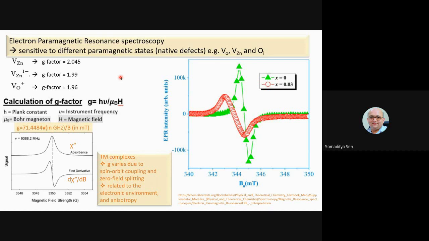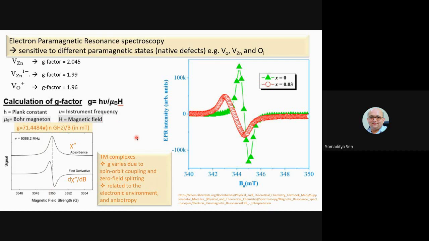If you put in a magnetic field and RF energy, then the RF energy gets absorbed at a particular magnetic field strength. If you take the first derivative and find the crossover where it crosses zero, you can find the field that is responsible for that absorption.